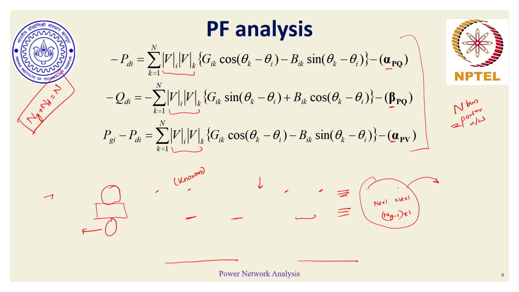Typically, we call those the low voltage solution and the high voltage solution. Probably in the last module, if time permits, I'll explain why the low voltage solution is not a desired solution and the high voltage solution is the expected natural operating point for every power network.